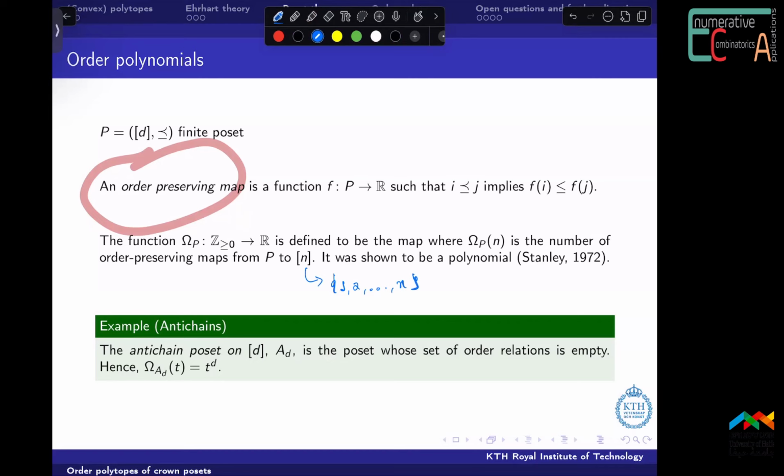For example, take the antichains. An antichain is a poset whose set of order relations is empty, and the order polynomial of the antichain is, as we can easily see, t^d.